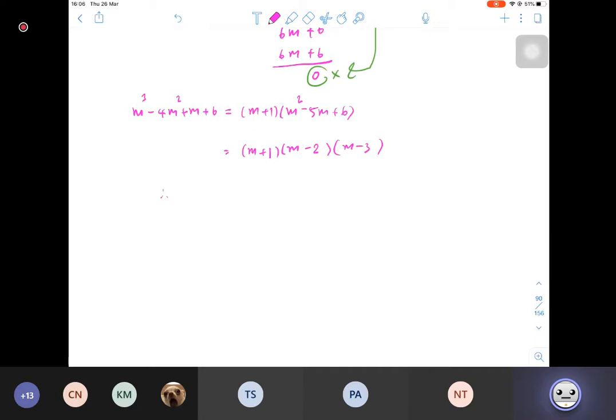So in this case, your m1 would be minus 1, m2 is 2, m3 is 3. So your general solution would be c1 e to the power of minus x plus c2 e to the power of 2x plus c3 e to the power of 3x. And we're done.